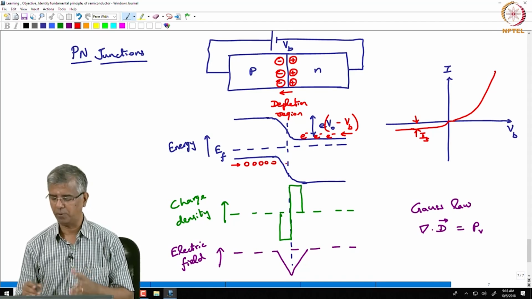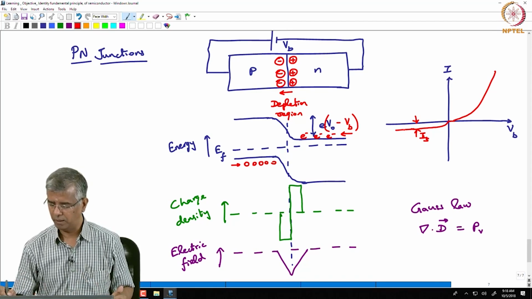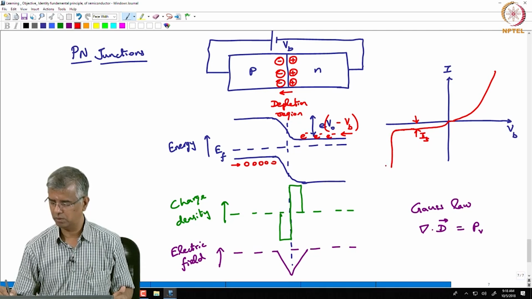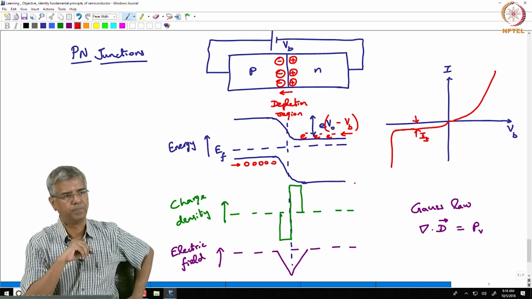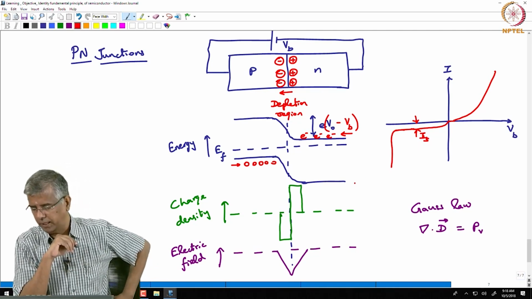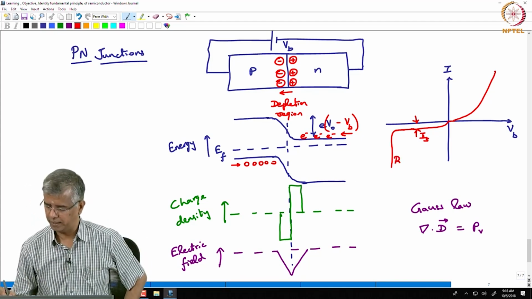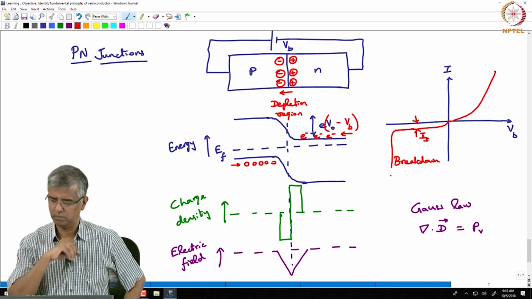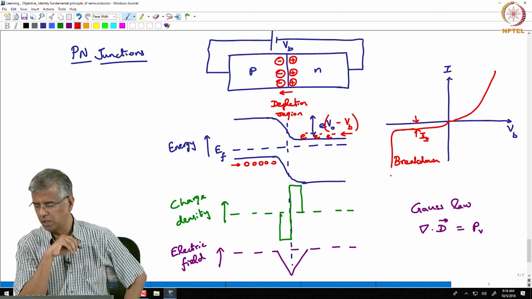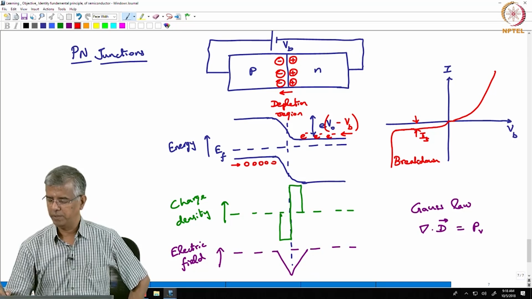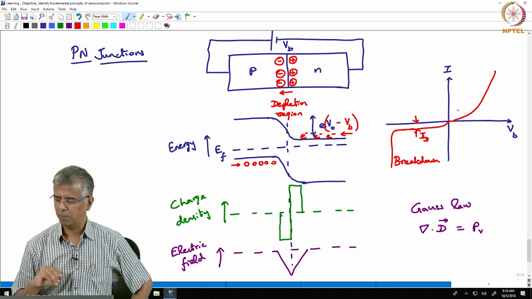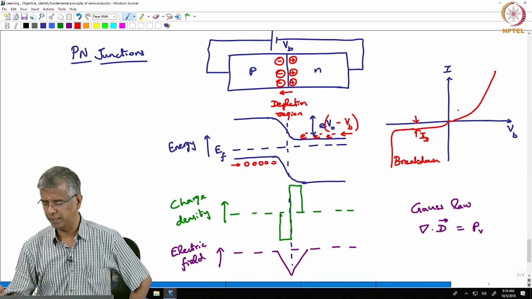So, beyond a certain point you will have a breakdown of your junction, and beyond that it is not usable, right. So, breakdown happens.